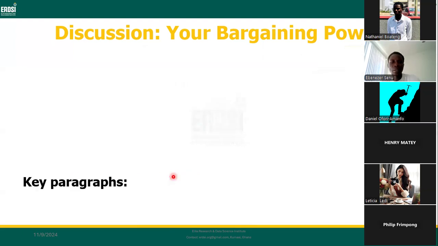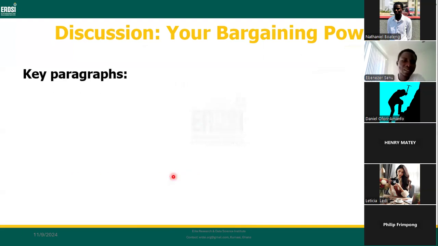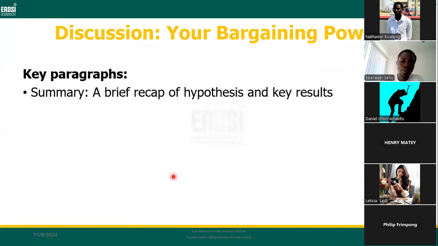So we are saying that in the discussion, sometimes we have some key paragraphs. We start with the first paragraph, which is a brief recap of the hypothesis and key results. After that, I'll zoom into a Word document and show you some of our published works where we've done some of these different kinds of discussion.